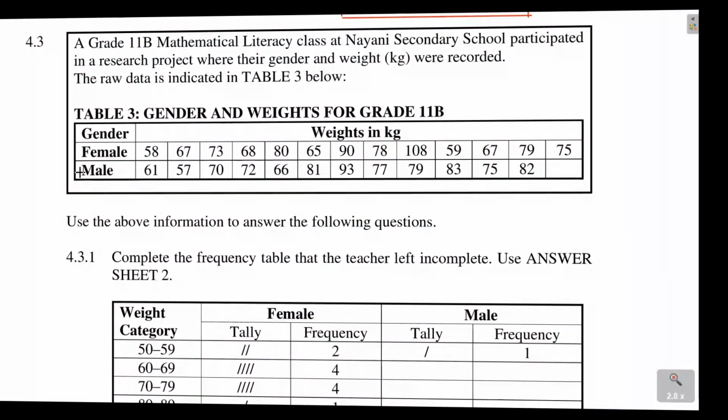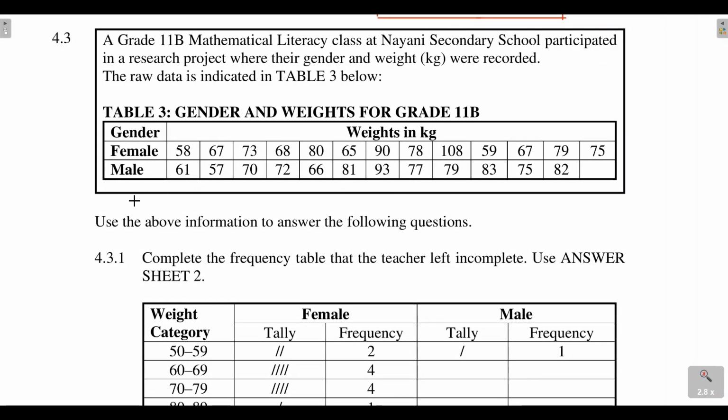So like I mentioned, we're going to be tackling question 4.3. A grade 11B mathematical literacy class at Nayeni Secondary School participated in a research project where the gender and weight were recorded. The raw data is indicated in table 3 below. So we are told that a research project was conducted, and they recorded the gender as well as the weight of the grade 11B mathematical literacy learners at Nayeni Secondary School.